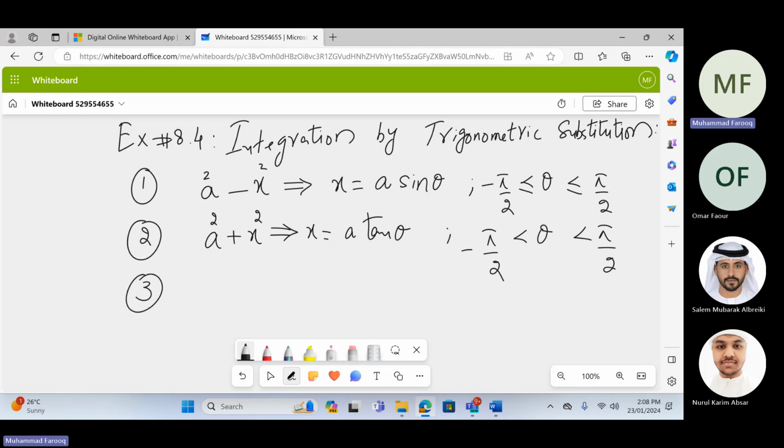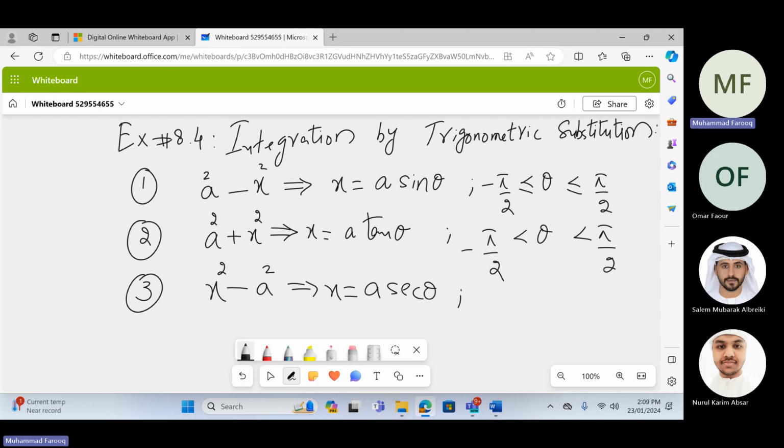If your question looks like function square minus constant square, let's say x square minus pi square, then you substitute the function as secant. Actually, in this case we have two possibilities, but the second possibility is not happening in our questions, so no worries.